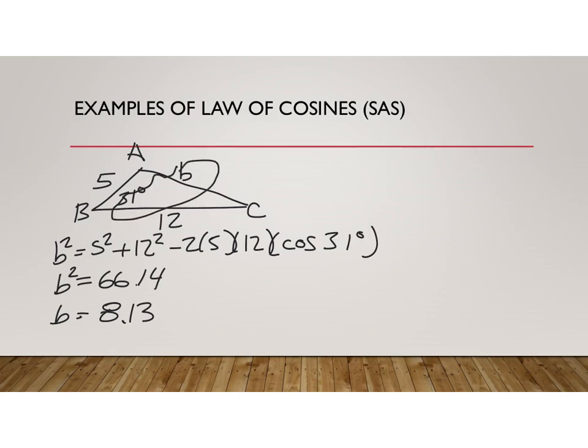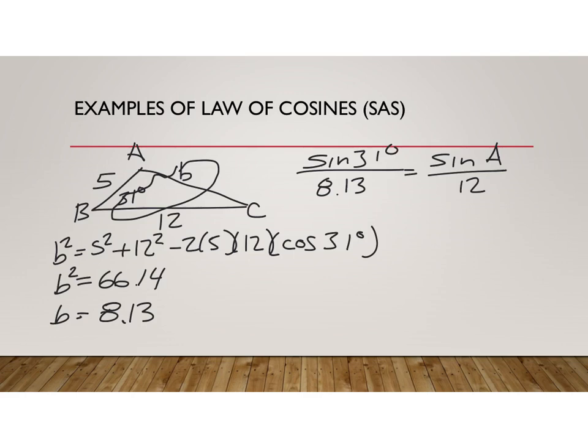So to finish the problem, I could use the law of sines and just go sine of 31 is to 8.13 as the sine of, let's say A, is to 12. Cross multiply, so I'm going to take 12 times the sine of 31, divide that by 8.13, and then take the sine inverse of that.